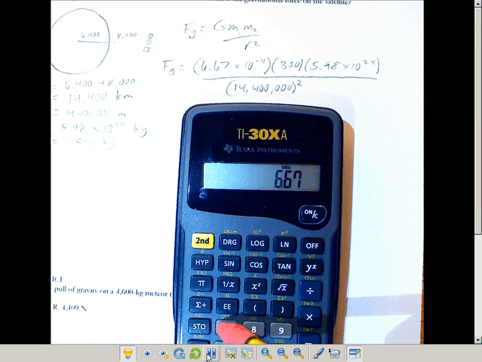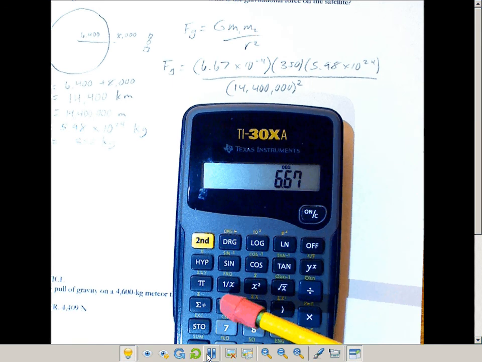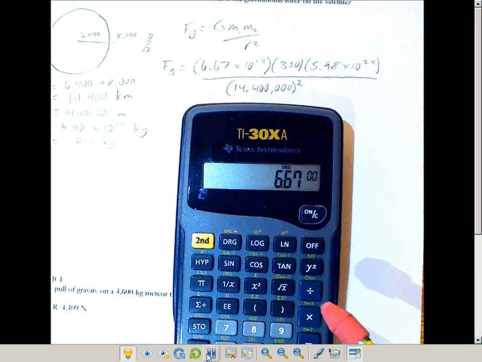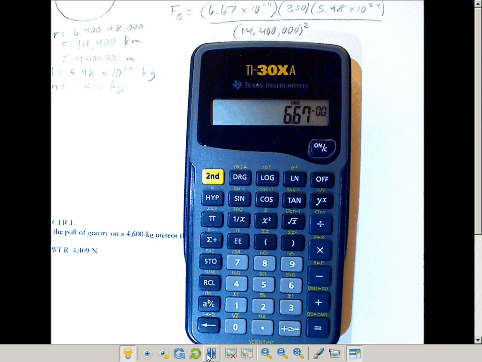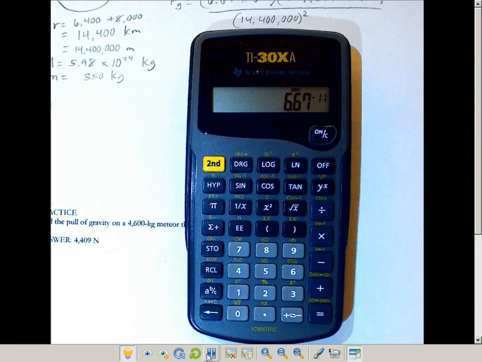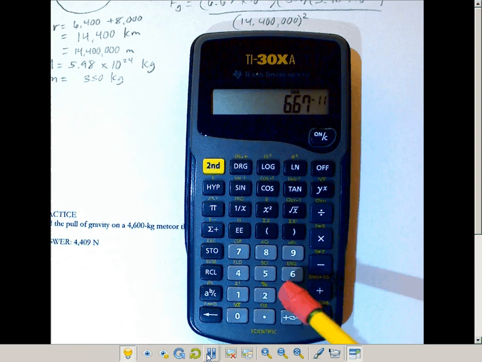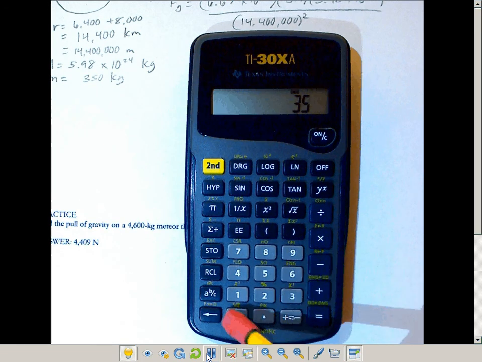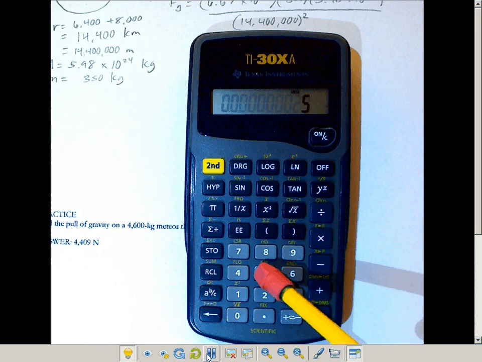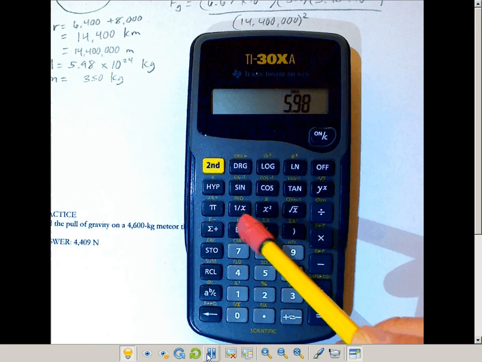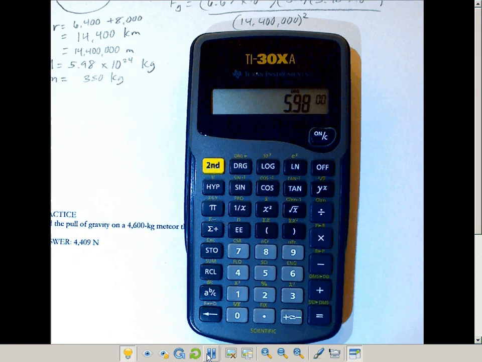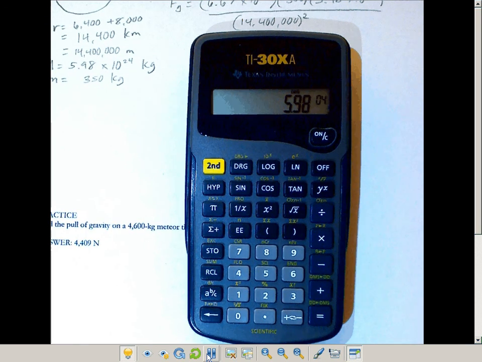Here's my double E button, times 10 to the negative, I just pressed this button down here, negative 11, times 350 times 5.98 times 10 to the 24th. Now I have to redo that because it didn't hit the 20. This is what's annoying about this calculator. I can't undo that, so I've got to start from scratch.